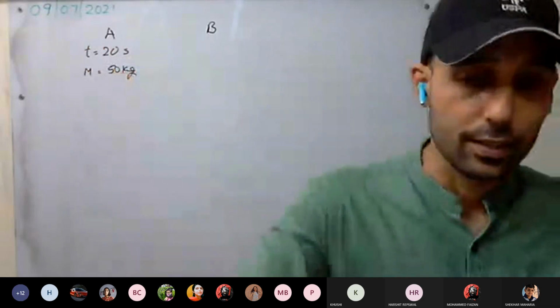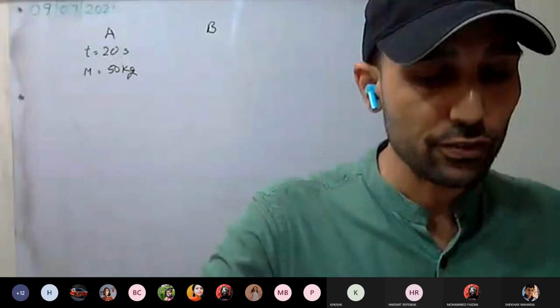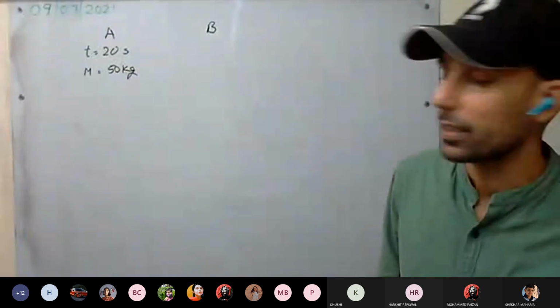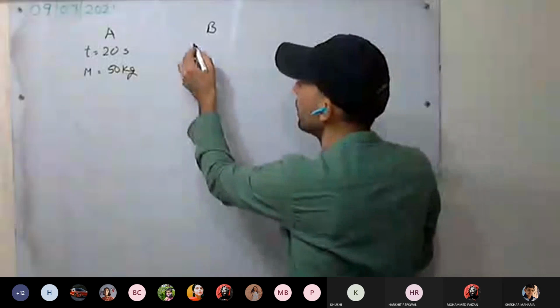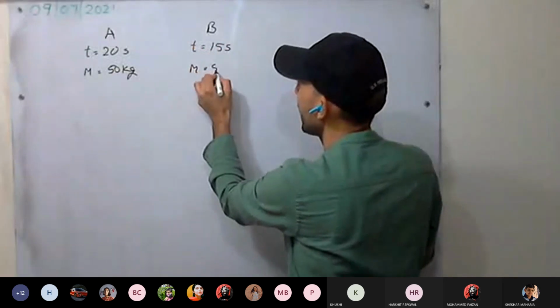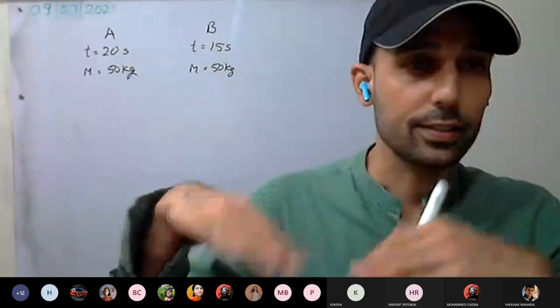For B, T equal to 15 seconds and mass is the same, 50 kg. They both are climbing the stairs.